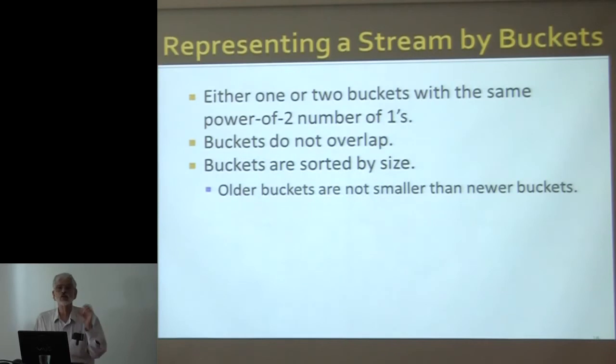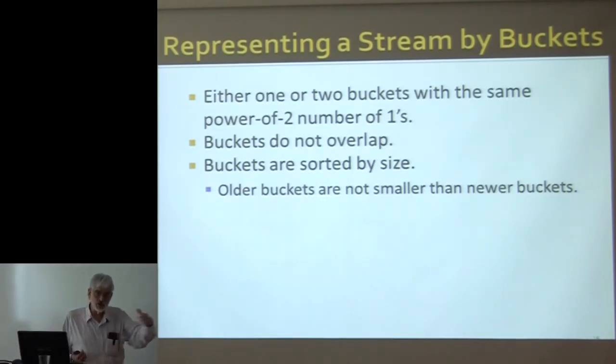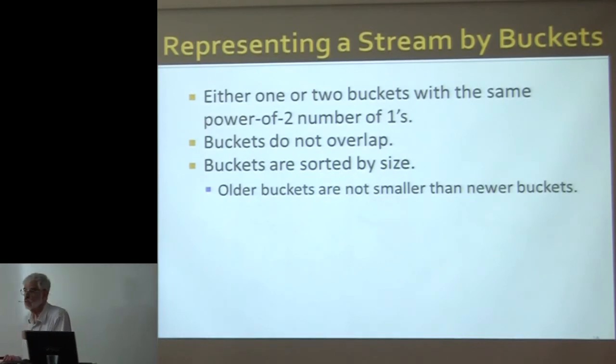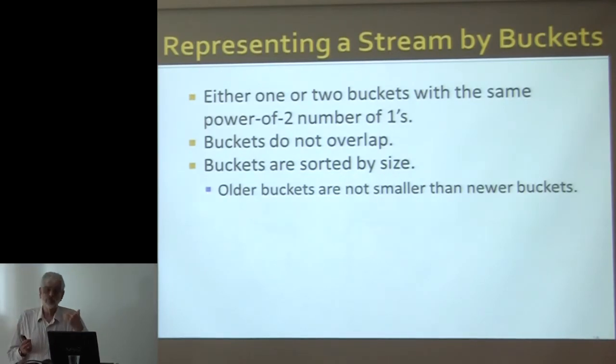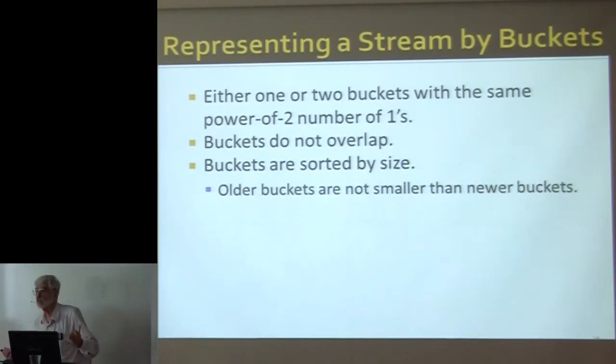And then 1 or 2 buckets of size 4, which are a little older, and then 1 or 2 buckets of size 8, which are still older than that. And then all the way up to as many buckets as you need to represent the n bits. There can't be more than 2 log base 2 of n buckets, because there are at most n ones.